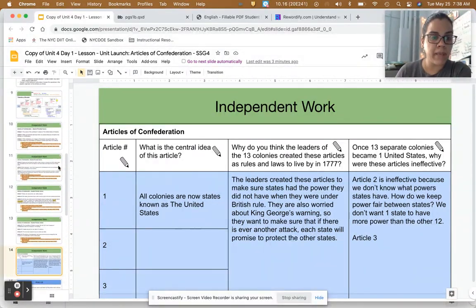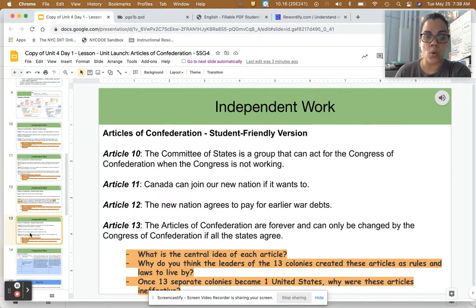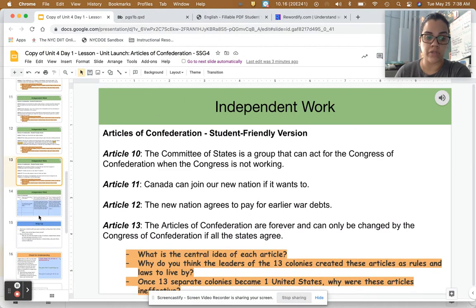Right? So you can pick from this slide. You can choose this slide to work on, this slide, or this slide. But you have to read and think about all of the articles on each of the slides.